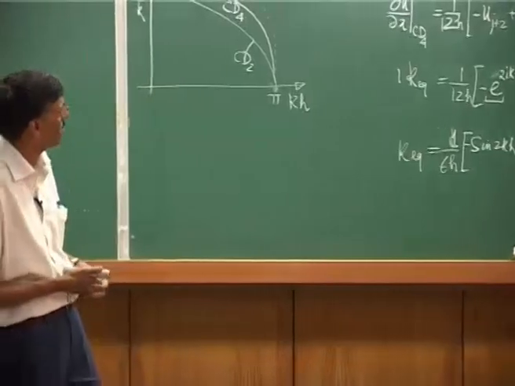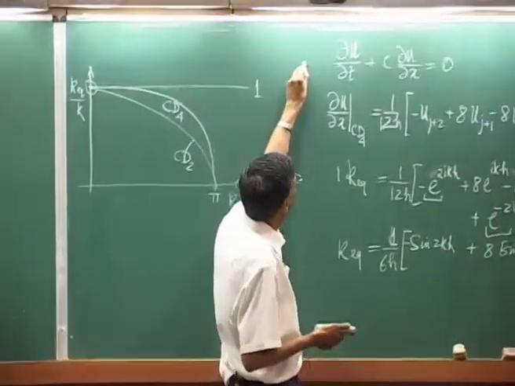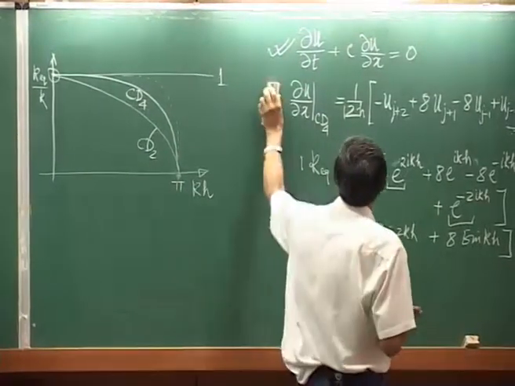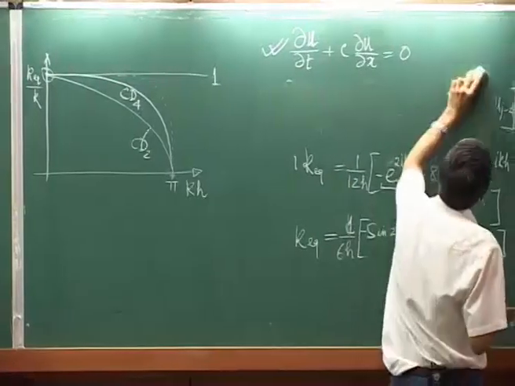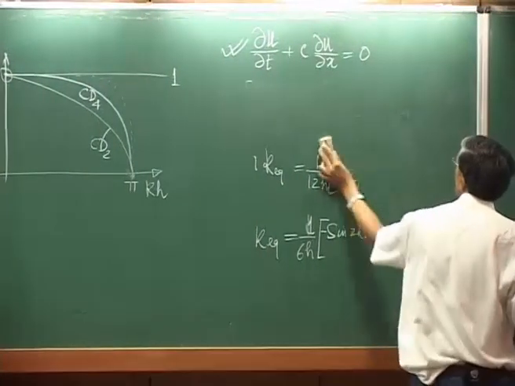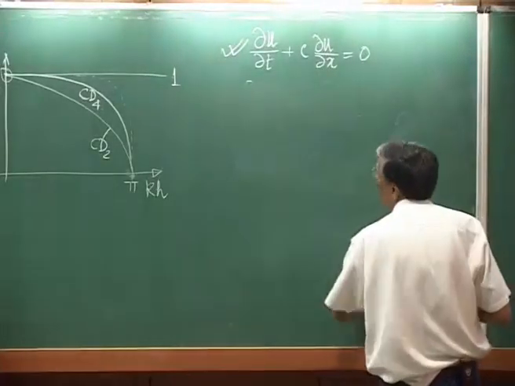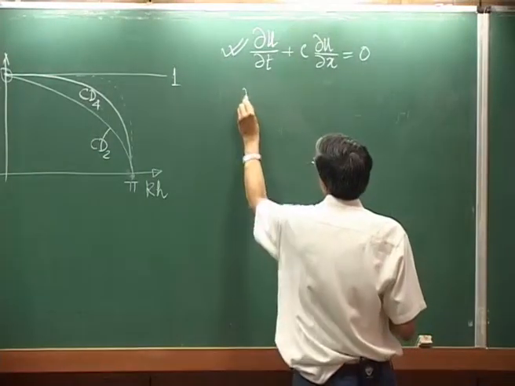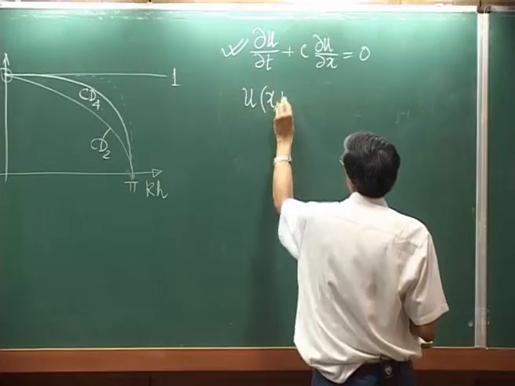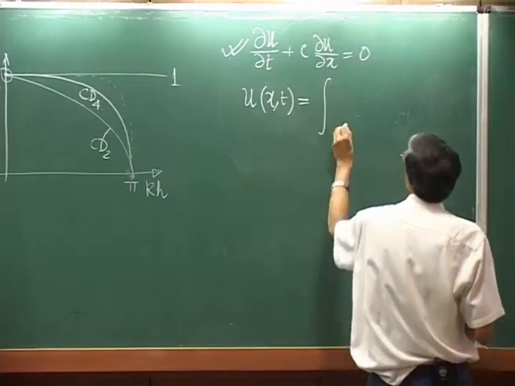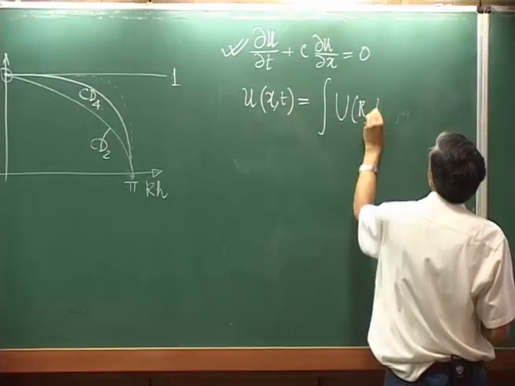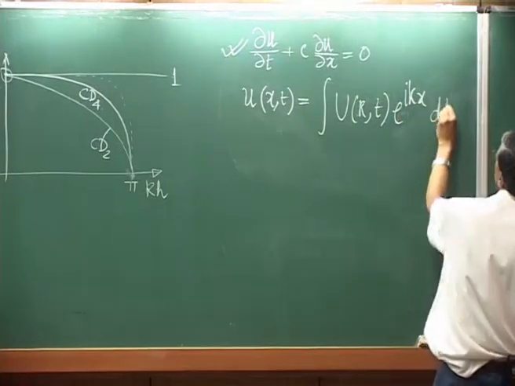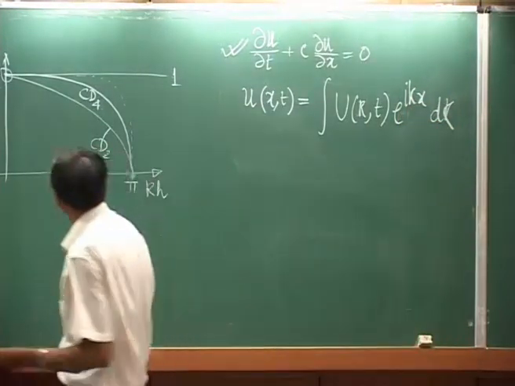So, if I look at this equation, in this equation what we are going to do is again represent the unknown in terms of Fourier Laplace transform. So, I will write like what I did yesterday, u of k and t and e to the power ikx dk. So, that is the way that we are going to look at it.